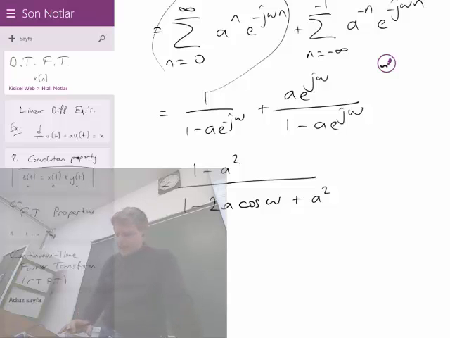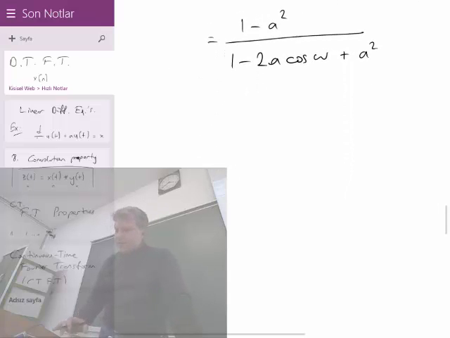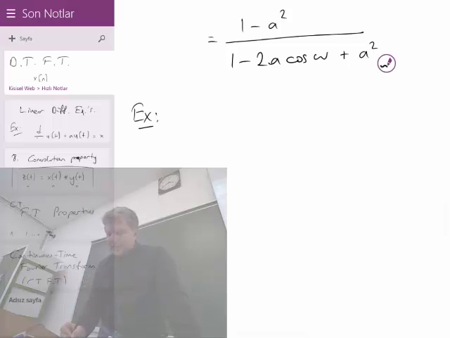And the final example, without going into a lot of technical details, I will just simply give you the answer. Because again, these are typical transform pairs, so they will be available to you in the tables. You don't need to reconstruct these formulas again and again. You will have them anyway.